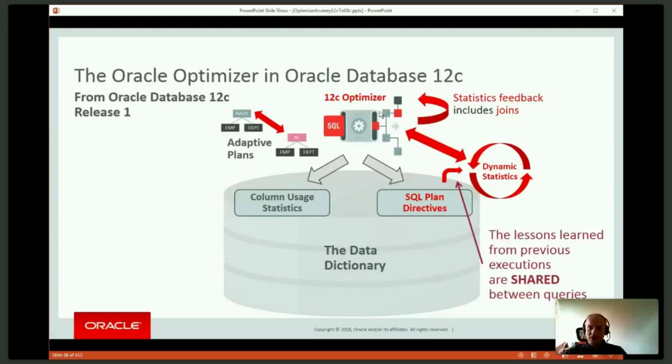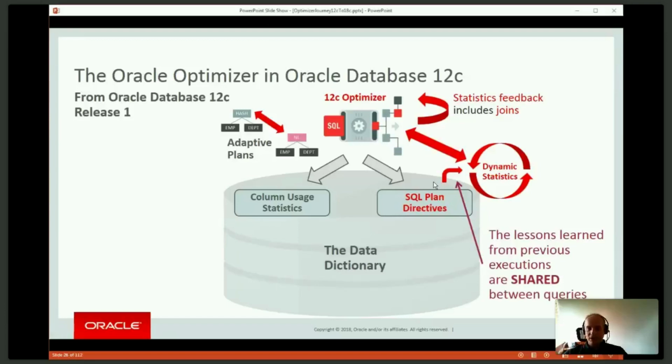One is that it increases the parse time for some queries. So if you have a high hard parse rate, you can see these dynamic statistics queries becoming quite dominant in the workload. That was an issue for some systems on Oracle 12c Database release 1. I say it's some systems, but it's something to be aware of.